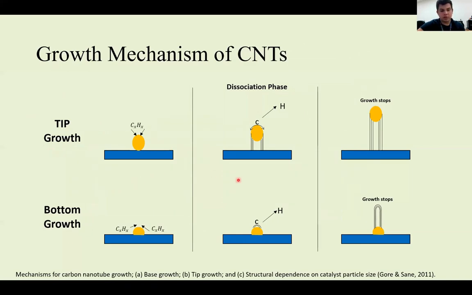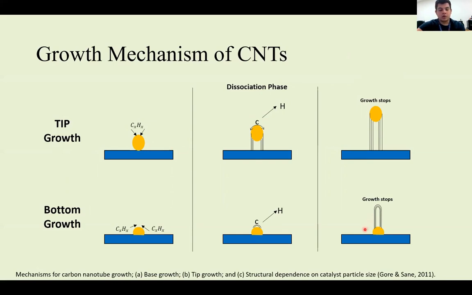The difference is that during the dissociation phase, in the tip growth, the particle detaches from the surface of the substrate, generating the growth of the carbon nanotube from the substrate and the bottom part of the nanoparticle.